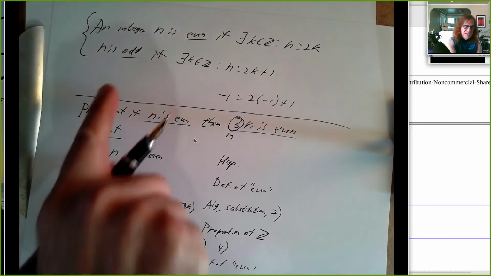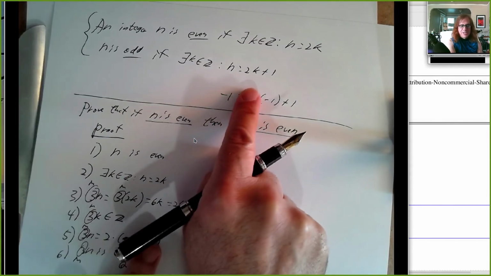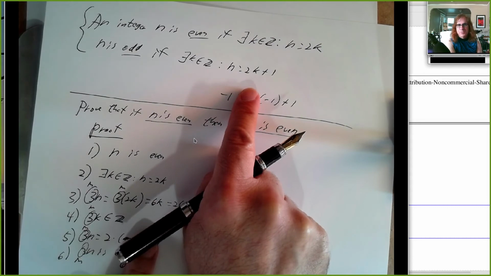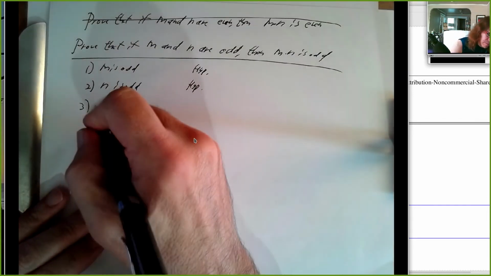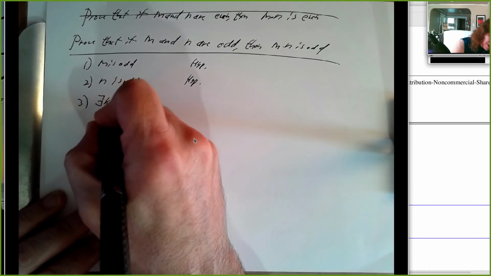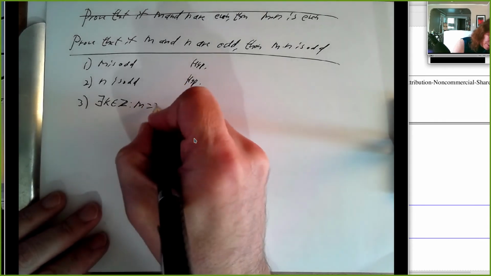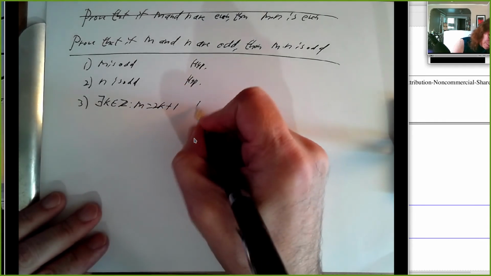All right, where do we go next? Let's use the definition of an odd number. If n is odd, there exists an integer such that n is equal to twice that integer plus 1. So, there exists a k in Z such that m equals 2k plus 1.